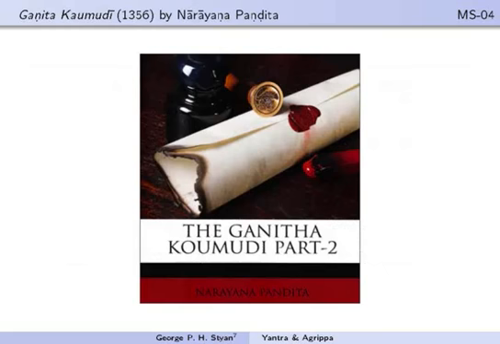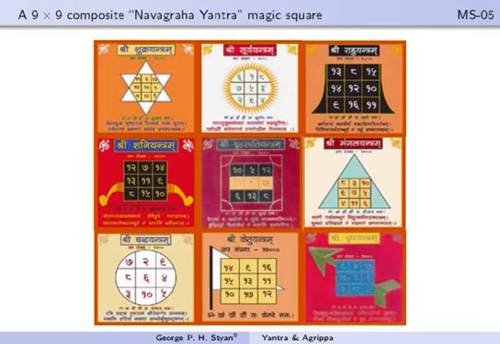So wrote Padmakara Dwivedi in his introduction to the Ganita Kaumudi by Narayana Pandita, published in 1356. A 9 by 9 composite Navagraha Yantra magic square is shown in this overhead, where we have placed in a 3 by 3 arrangement several 3 by 3 magic squares to form a composite magic square.